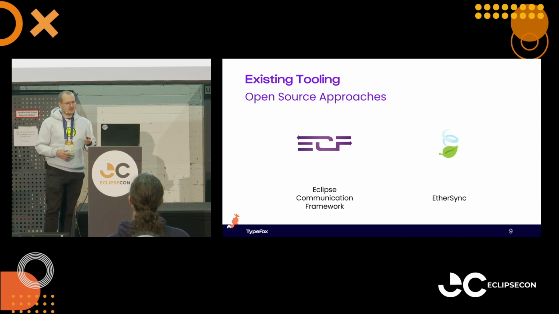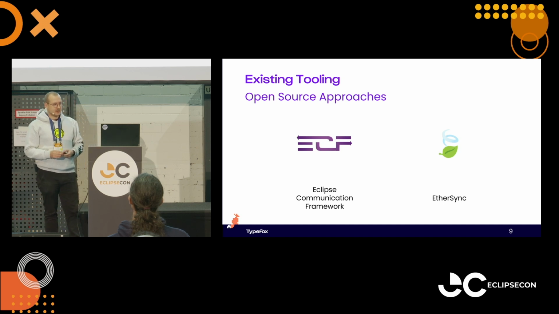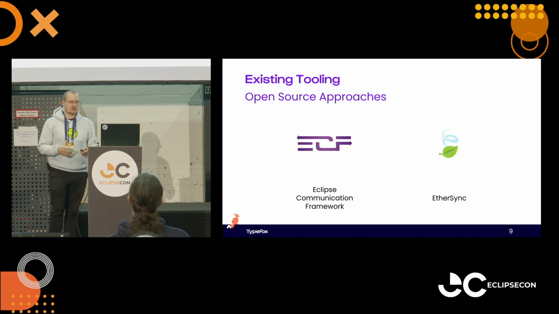Then there's EtherSync, a fairly recent project, which also uses a very interesting approach: it doesn't communicate through any server at all. Most of the projects we've been talking about use a lot of server infrastructure to facilitate the collaboration. EtherSync doesn't use it at all, they just use the local network.